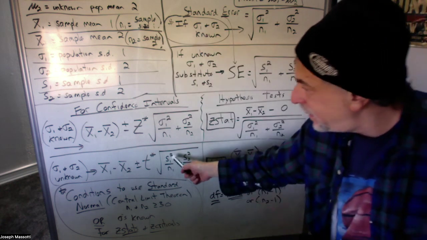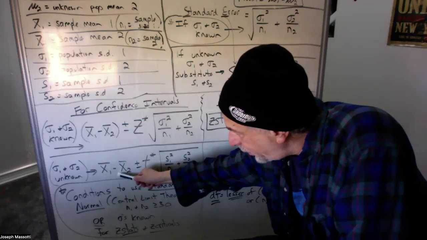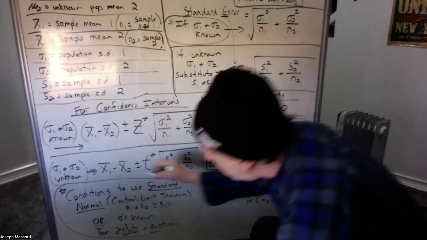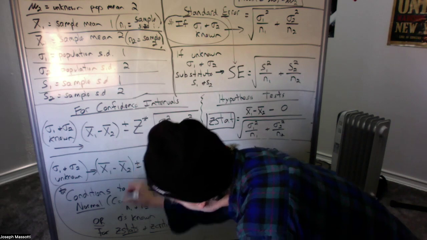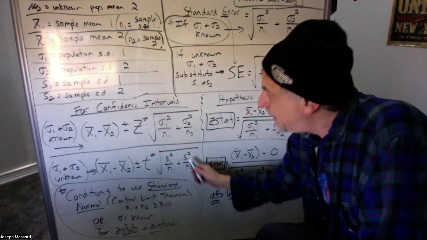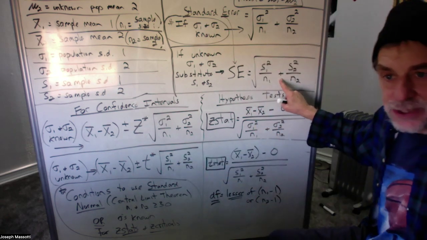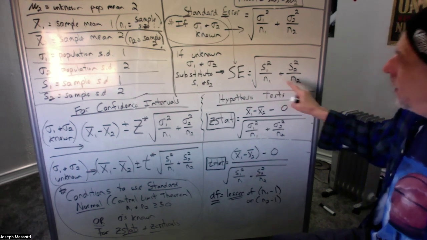And if that's the case, then this is the form of our confidence interval. Center being the same thing, right? The difference between the sample means. And then we're going out this many standard errors of the t-distribution's standard deviation, basically.